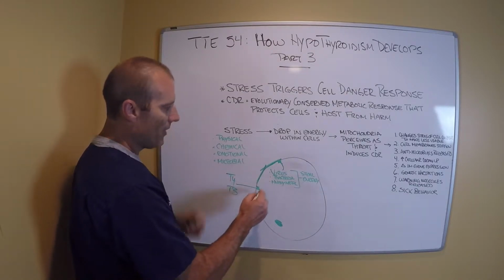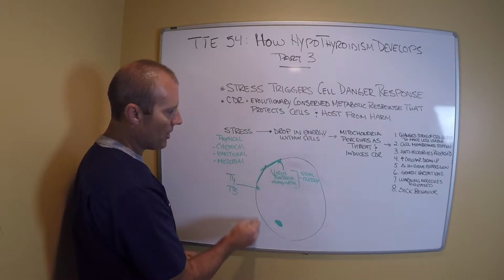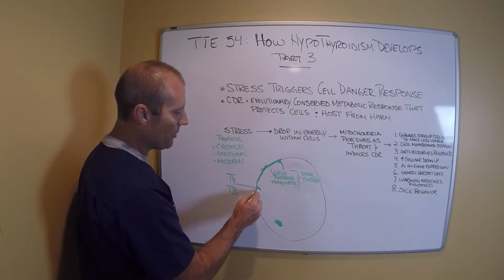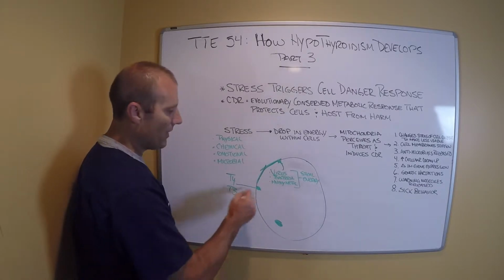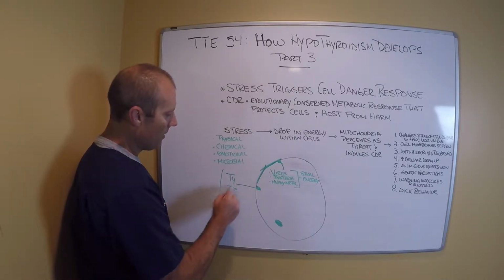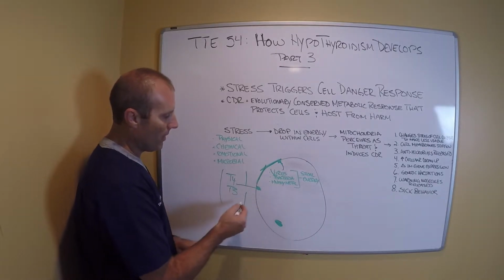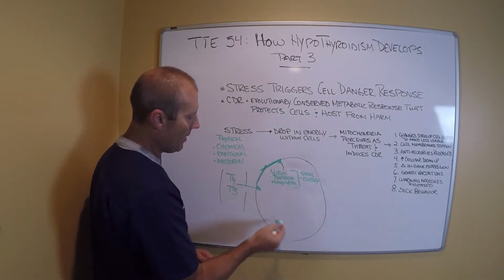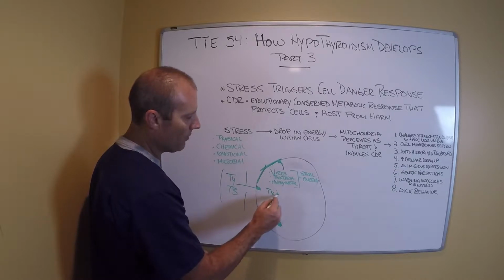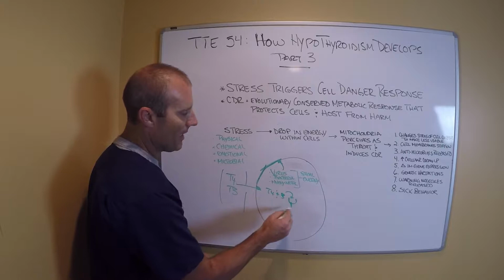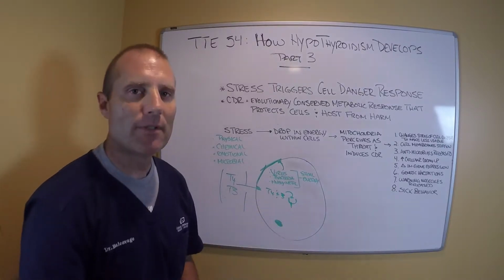If thyroid hormone can't transport into the cell, the serum levels will look normal because they're not going anywhere. But inside the cell, we won't have T4 and T3 to bind to receptors and stimulate metabolism. So you'll have hypothyroid symptoms, okay?